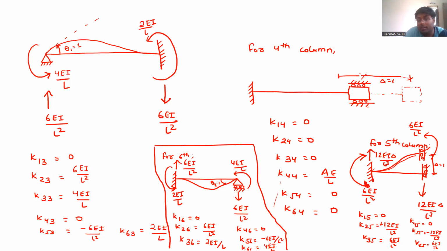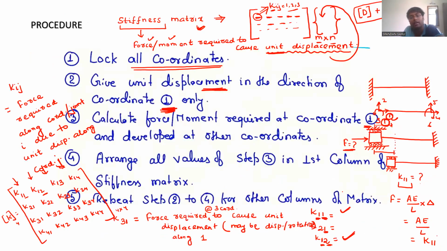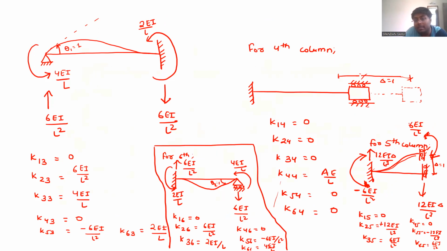So this will be this way and this will be this way. If this comes like this, then your K3 will be minus because it is against our sign convention. So it will be -6. Same here also it will be -6.